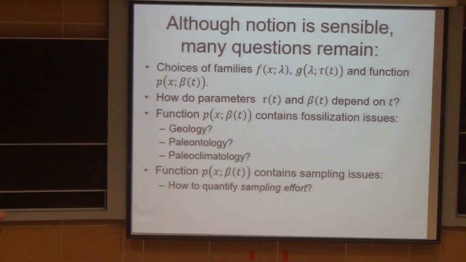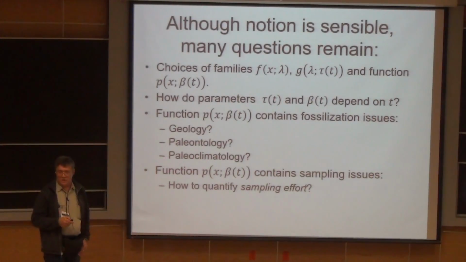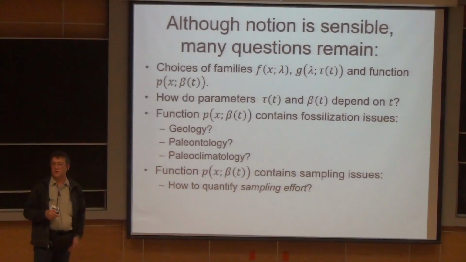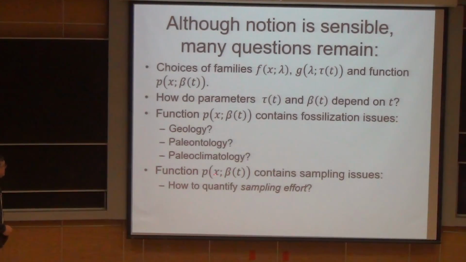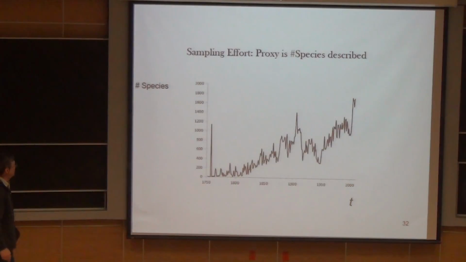So I think there are several scientific disciplines that could have a say or have proxy data that would help establish what the probability of a fossil being formed was for a given geological era. And then there are also human sampling issues in this detection probability.